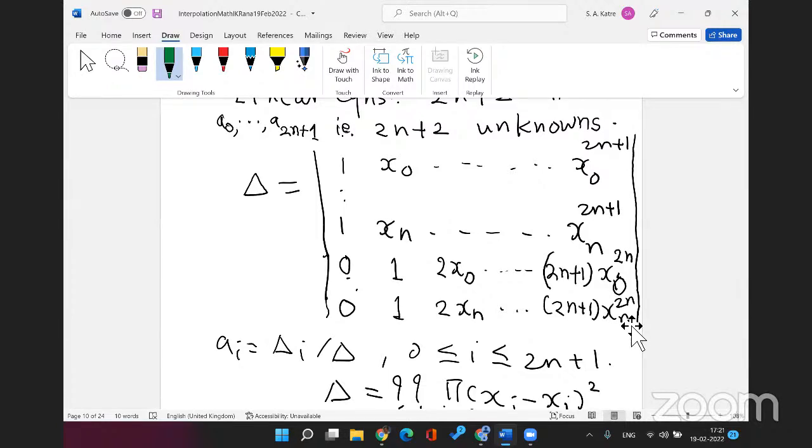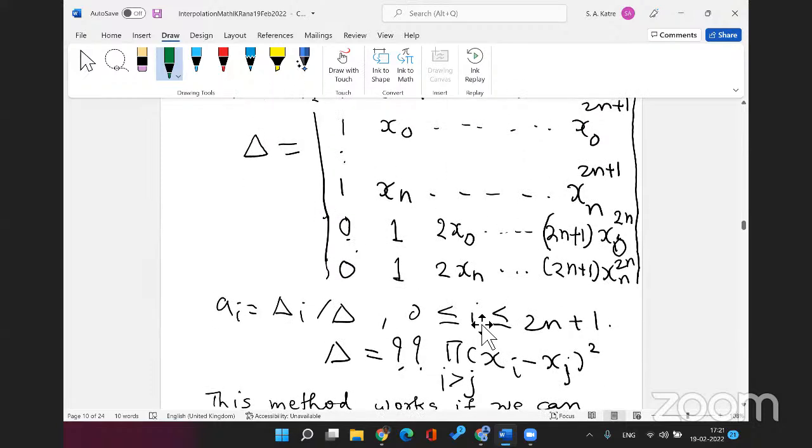The next n plus 1 rows come from the derivative, and you can consider the ith row minus the jth row, and again xi minus xj will be a factor there. So certainly this determinant is divisible by the product of (xi minus xj) squared. What the remaining factor is we don't know; we have to really solve it and find out.